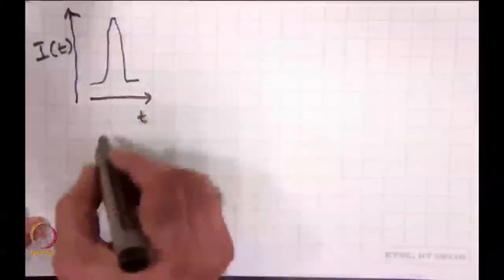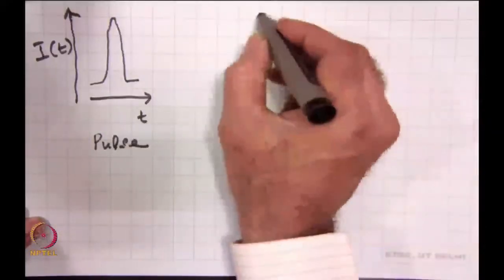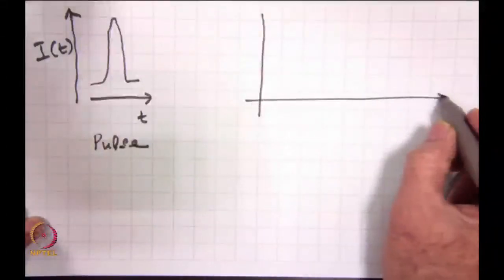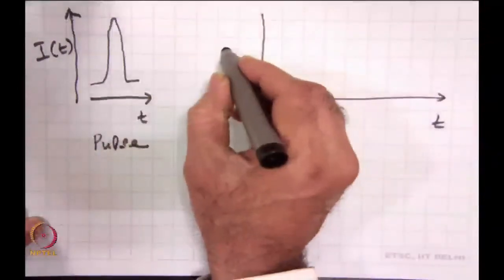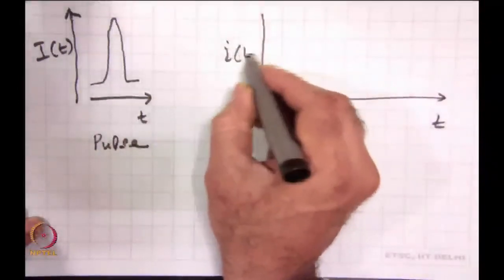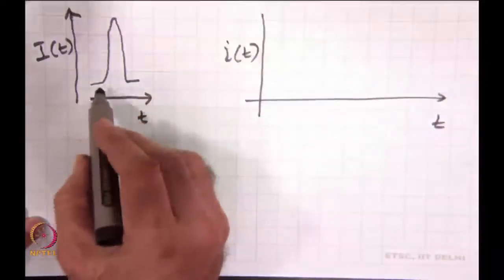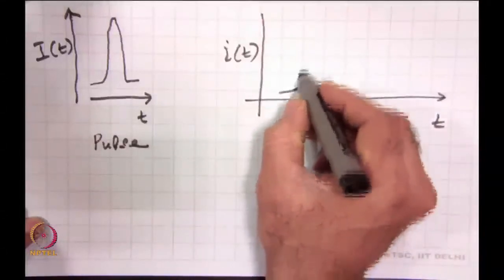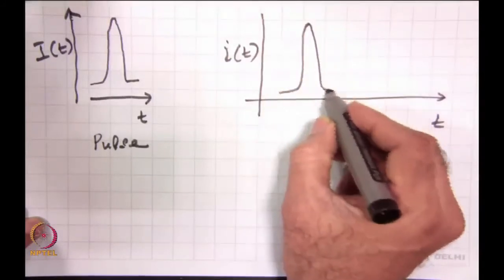So, this is the incident pulse on the photodetector. The current response of the photodetector, if I take an APD, I am plotting APD current I of t. Ideally, when the intensity goes up, I should have the current going up like this, and when the intensity comes down, the current should come down.